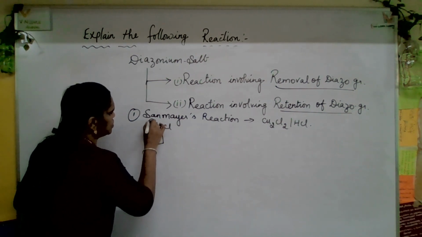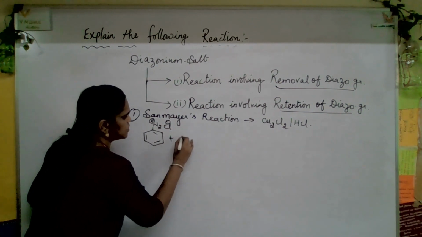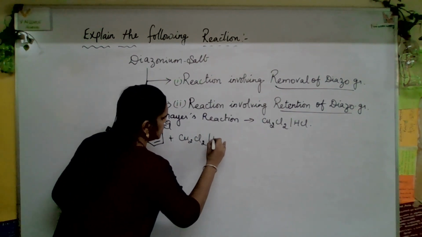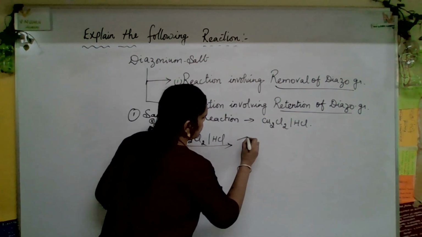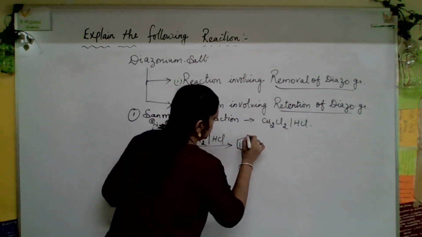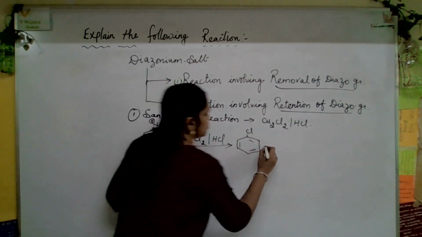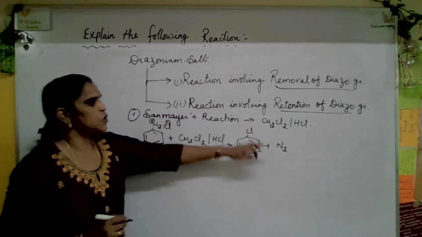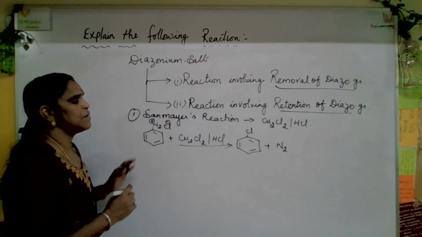This is a salt, no? So N2Cl is combined with Cu2Cl2 along with HCl. Okay, so what will you get? Removal of diazo group, right? So automatically you will get a chloride ion attached over here. So naturally N2 will be out. Okay, the diazo group, that nitrogen N2, will be out. So this is Sandmeyer's reaction.